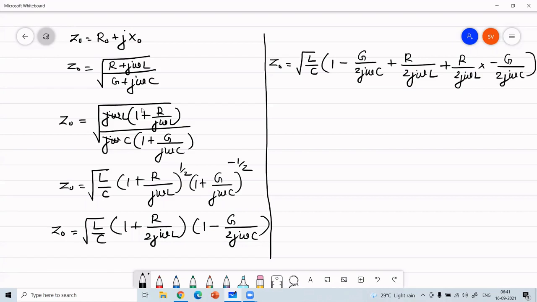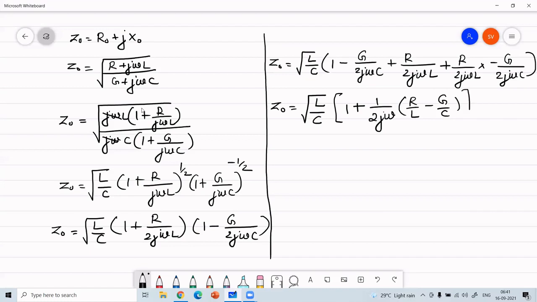Now the last term can be neglected because R and G are very small as compared to omega L and omega C, so that we can write Z0 is equal to root of L by C into (1 plus 1 by 2 j omega, taken in common, into R by L minus G by C).